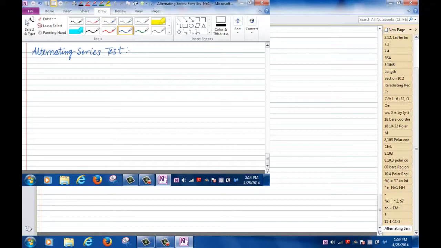So generally, how do I express an alternating series? Consider the alternating series given by the sum, n going from 1 to infinity, of negative 1 to the n minus 1 times bn, where bn is non-negative for all n.